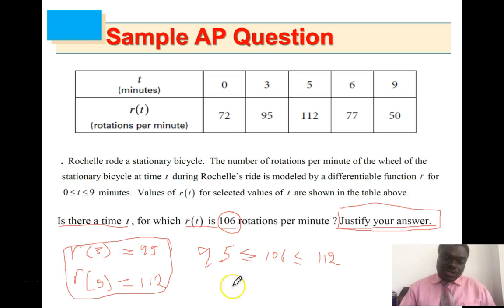You only have to show that this is a continuous function, because the number of revolutions is a continuous function, and R of 3 is less than 106 and R of 5 is greater than 106. Therefore, there must be some t at which R of t is 106.